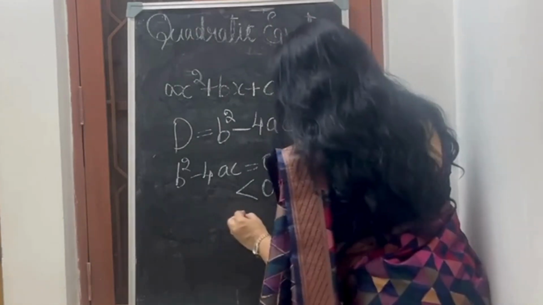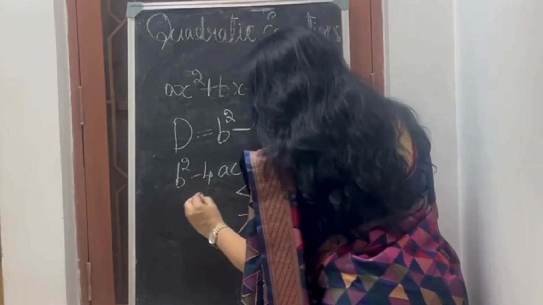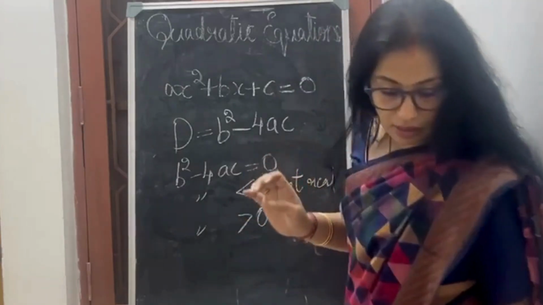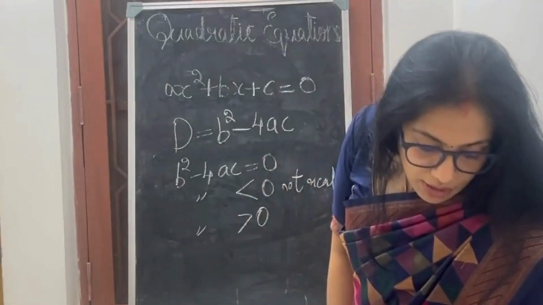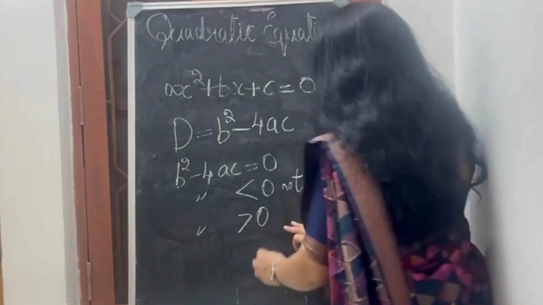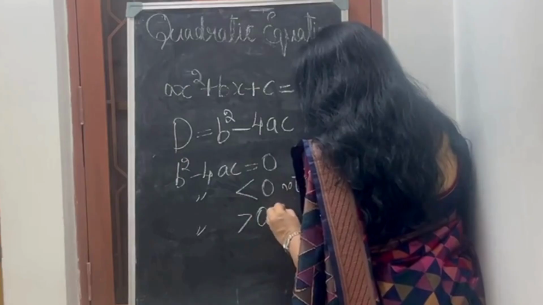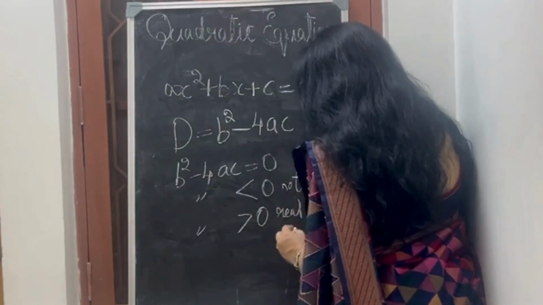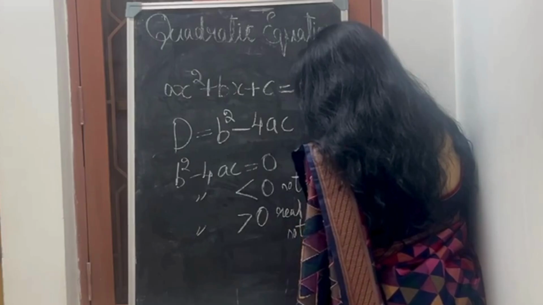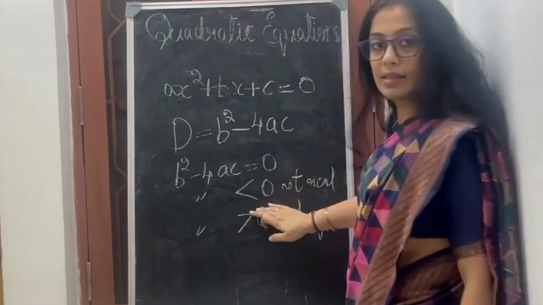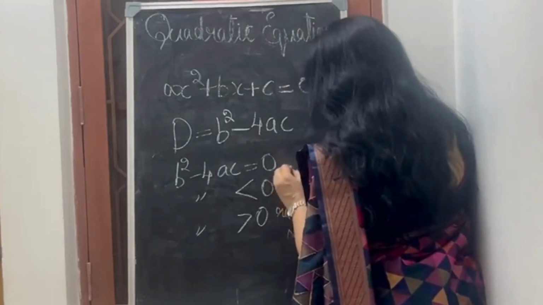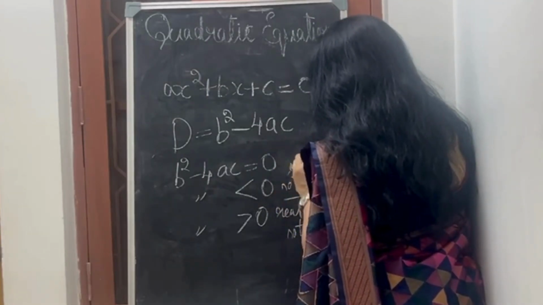And if it is greater than 0, I am talking about this equation, that is D, then the roots are real and unequal. They are real but not equal. When it is less than 0, it is imaginary. You call it not real or you call it imaginary.